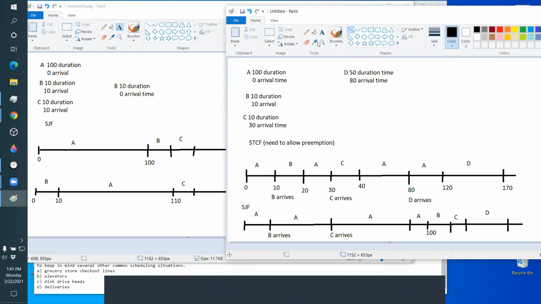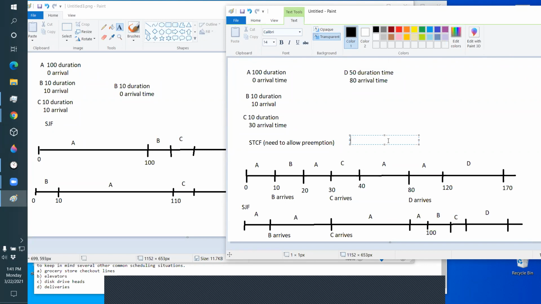Let's see, can we do the calculations? They're a little bit tedious to do. The average turnaround time for shortest time to completion first will be, okay, what's the turnaround time for A? He started at time 0 and he ended at time 120. So his turnaround time is 120. What about B?